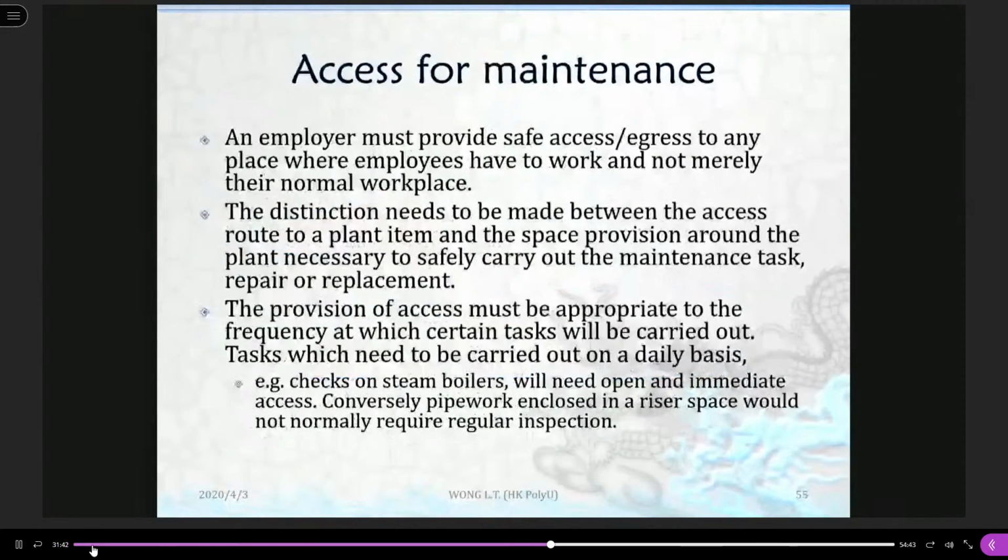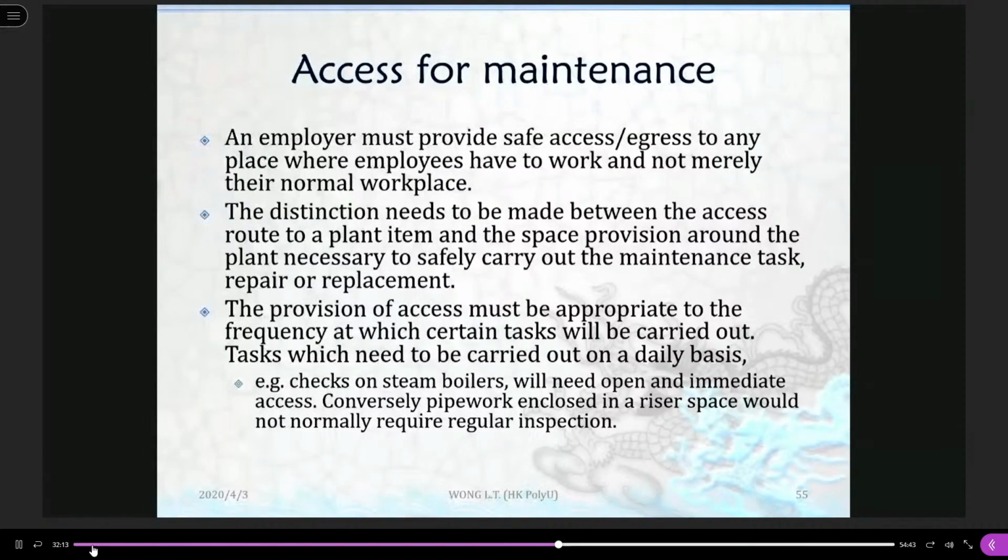Employers have an obligation to provide safe access and egress at all times. That's the law. The distinction needs to be made between the access route to a plant item and the space provision around the plant necessary for safely carrying out the maintenance task. So the space actually requires two different categories: one for the access, one for the safe working environment.